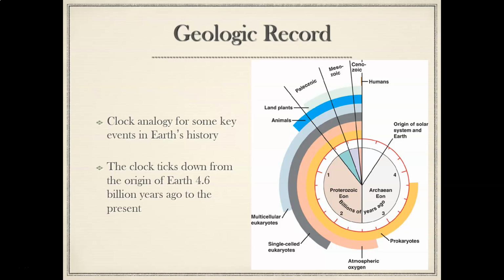And if we look at the clock analogy that your textbook utilizes, we don't even start getting prokaryotic life until we're a quarter of the way into the hour. Humans are here for like a nanosecond. And so this geologic time is huge. So giving you these sorts of scales to kind of play with and look at just gives you a better sense of how fleeting life really is here on Earth and how quickly evolution has occurred when you take into the context that the Earth is 4.6 billion years old.